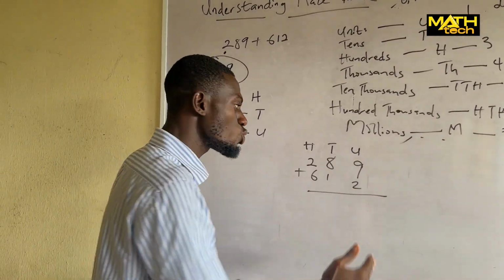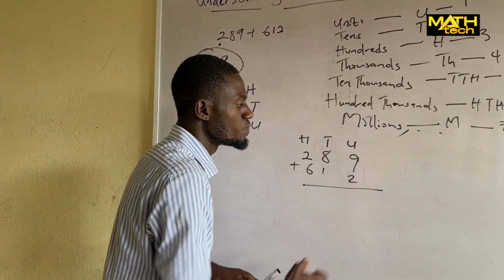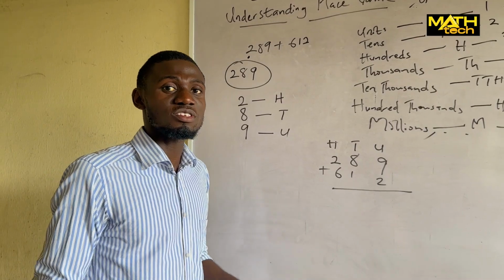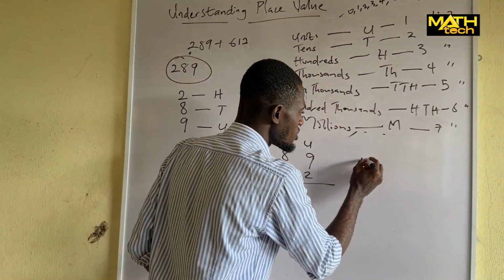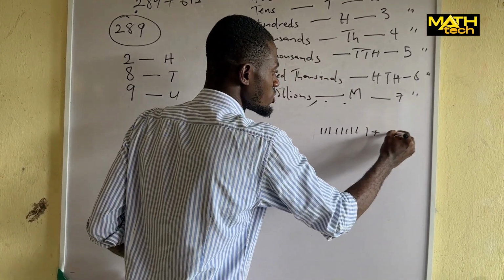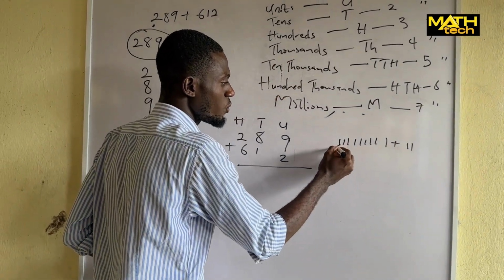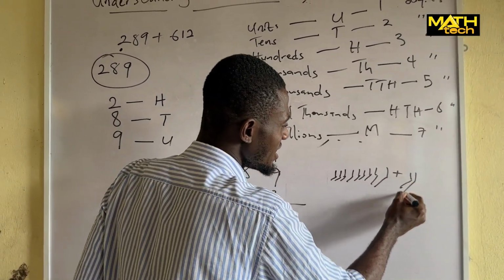Now your operation should come from the right to the left. 9 plus 2 gives us what? It gives us 11. But for those who find it difficult, you can use the tally method and say 1, 2, 3, 4, 5, 6, 7, 8, 9 plus 2: 1, 2. Put everything together: 1, 2, 3, 4, 5, 6, 7, 8, 9, 10, 11.